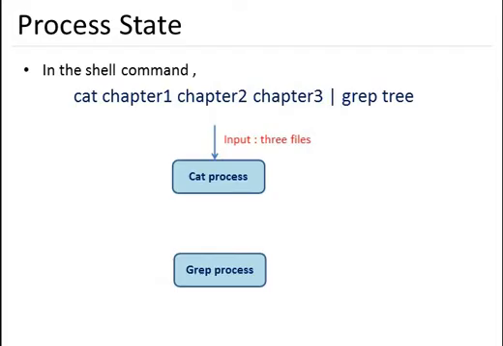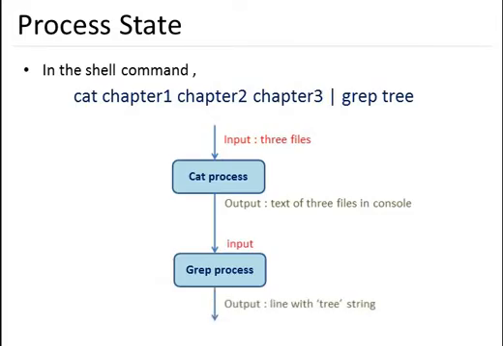For the cat process, the input is these three files, and since this command just reads the content of a file, the output is the text of the three files. This text becomes the input for the grep command, and the output, a line with the string tree, is displayed in your console.